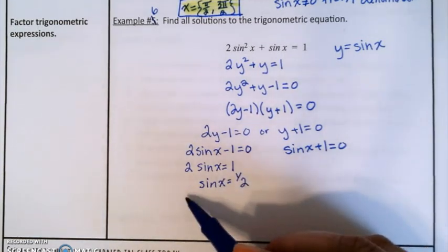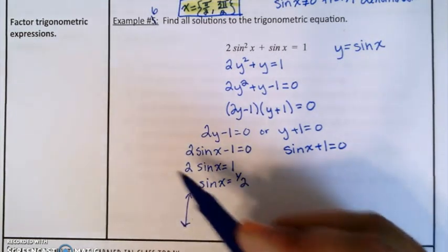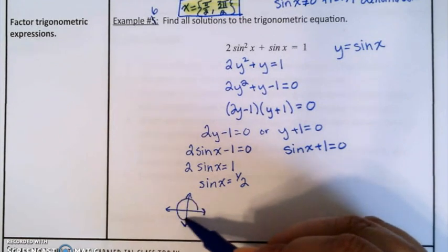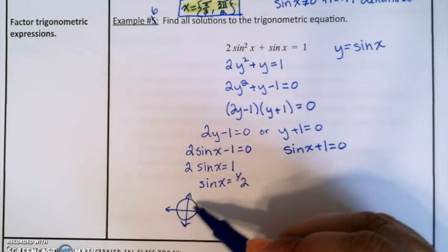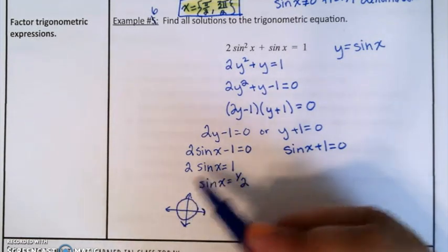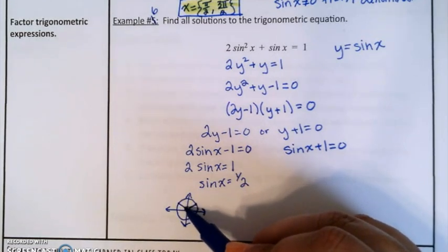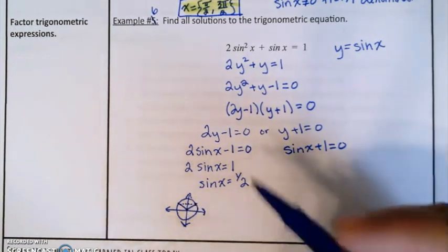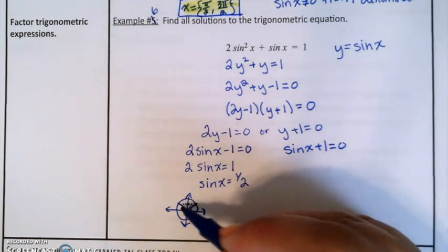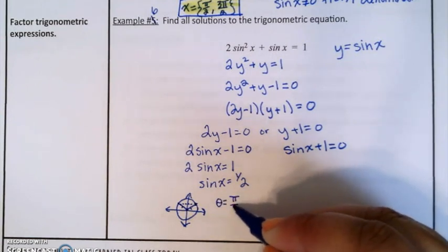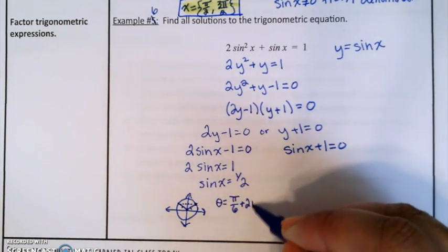Let's look where on the unit circle does sine of x equal 1/2. Well, sine of x came from our y value. So sine of x is 1/2 when our angles are theta equals pi over 6 plus 2 pi k.